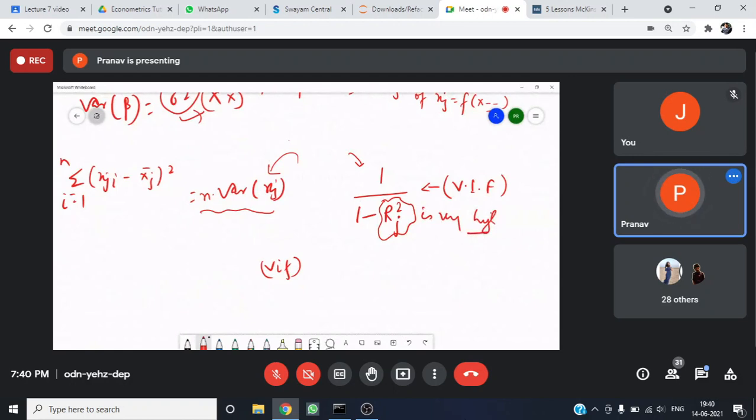Very high means ये जो explanatory variable है, when I ran this regression on all other explanatory variables in the model, a large portion of movement of xj gets explained by the variables in the model. And therefore, it poses a potential problem of what is called as multicollinearity. And so, you remove this particular variable from the model.